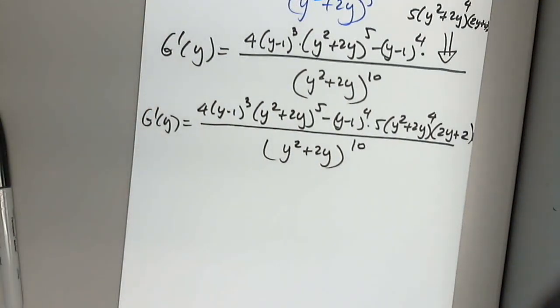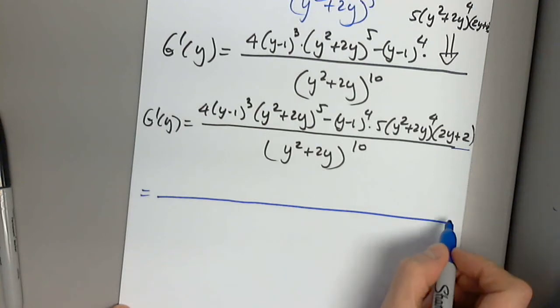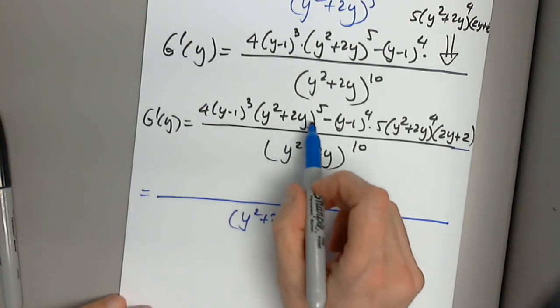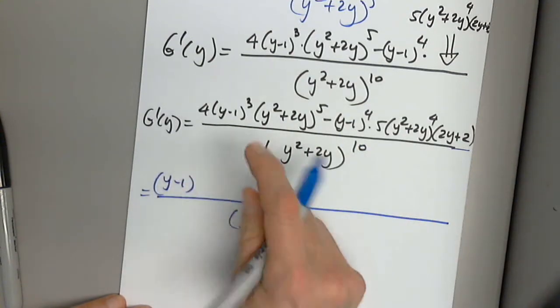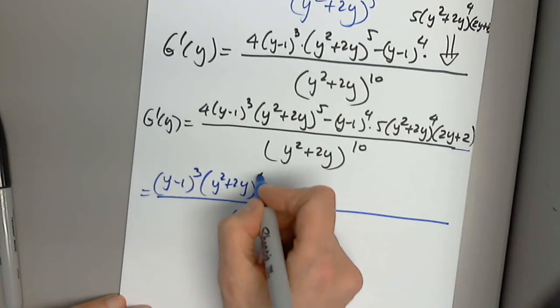And you can say this is a mess, and I will have to agree. However, we will clean it up. And please tell me, what should we factor out from the two terms in the numerator? y squared plus 2y to the fourth, excellent. And also y minus 1 to which power? Very good. And you said y squared plus 2y to the fourth.